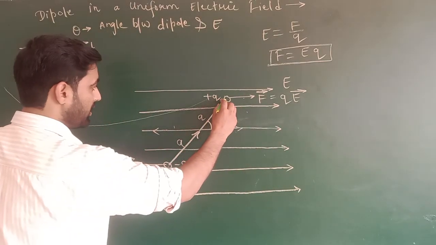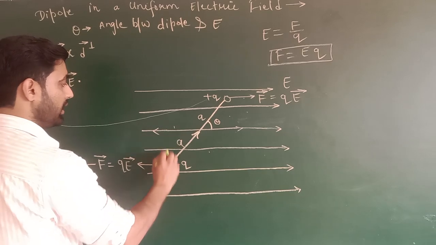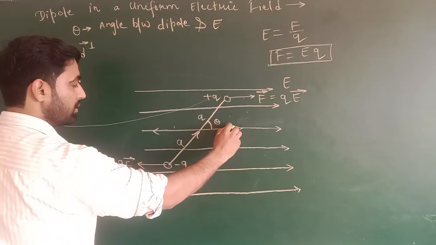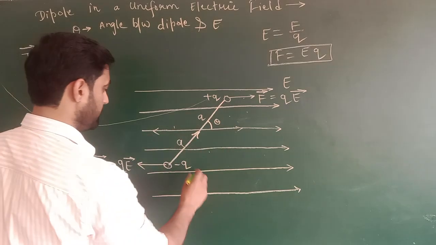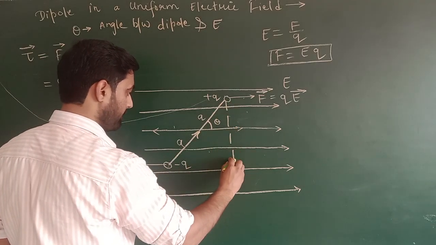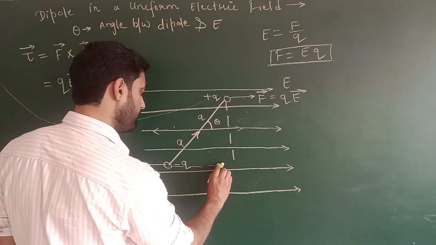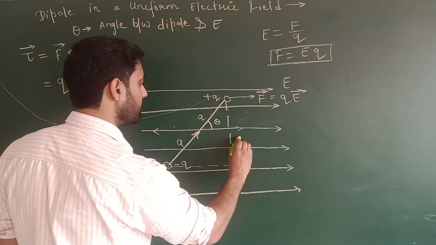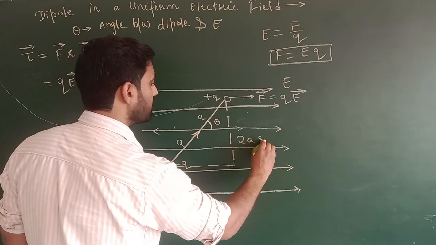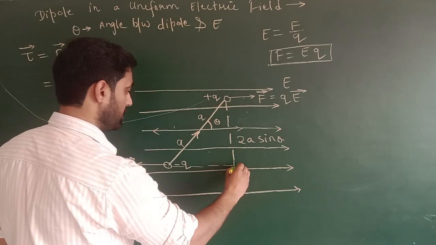But another component will be a sin theta, and here also a sin theta. So a sin theta plus a sin theta will become 2a sin theta. So let me write it as 2a sin theta. This is the perpendicular distance.